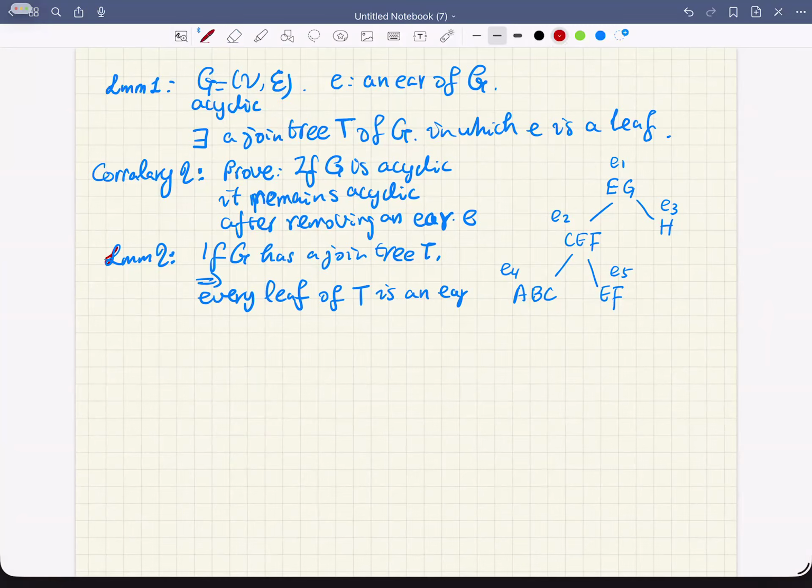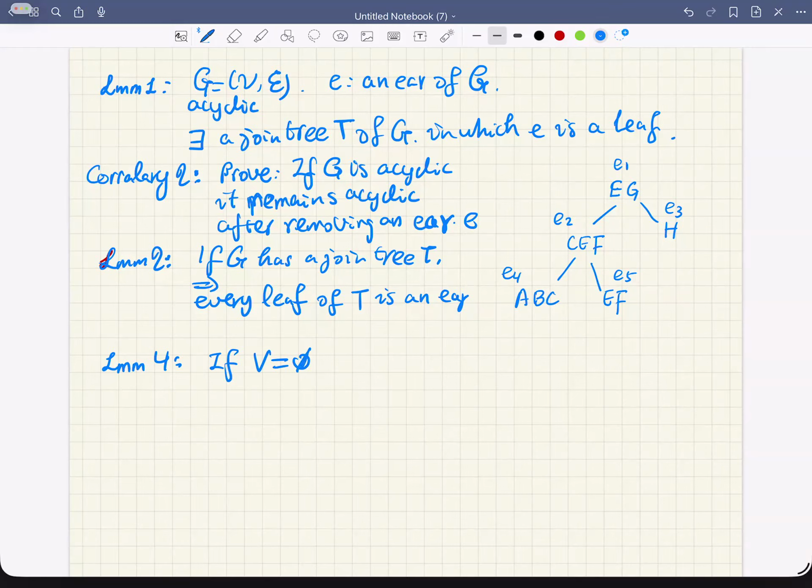So the next one is, if V is empty. So V is empty, this means at the end of GYO. So you see that's the only condition for GYO to claim acyclicity. So this means G is acyclic.